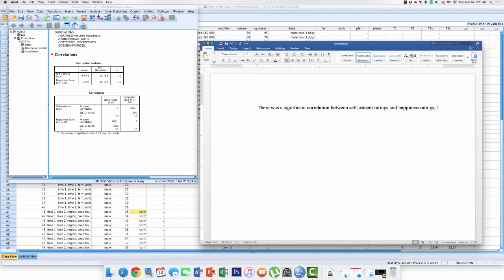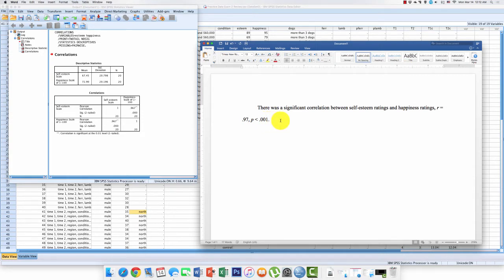Then we'll put the R equals 0.97, comma, P is less than 0.001. I just want to mention to you that this P is less than 0.001.